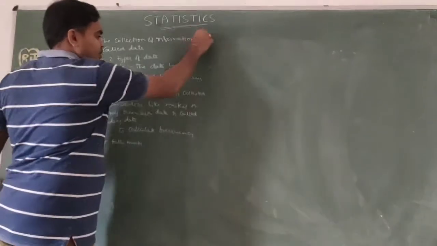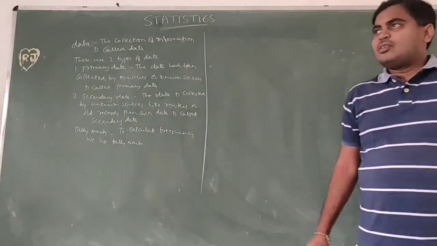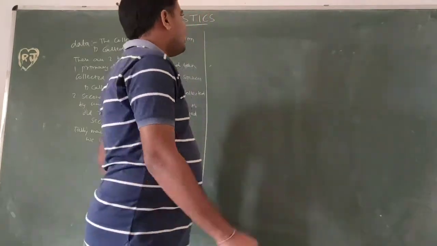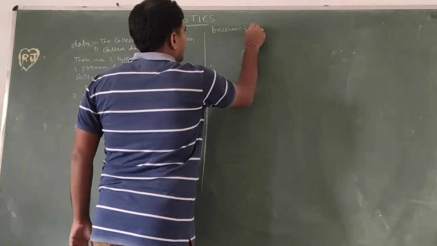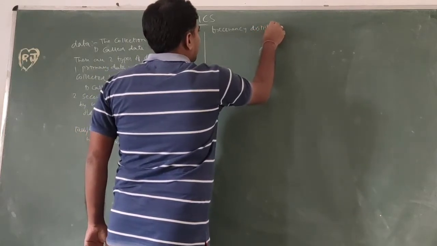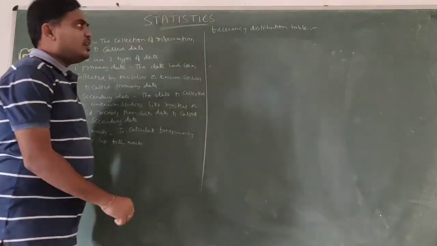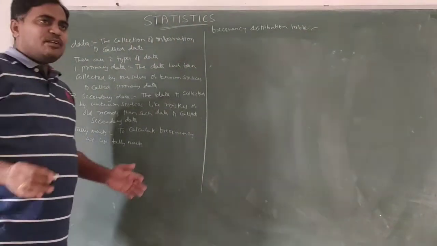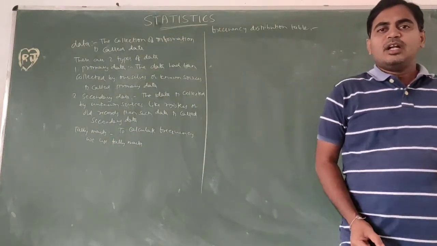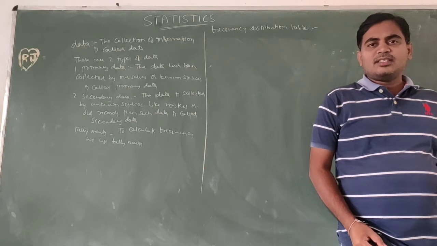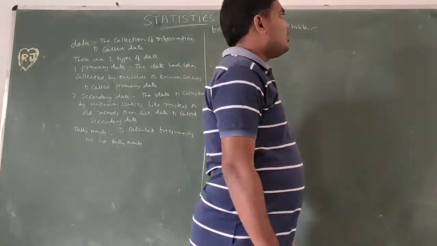Next, after this, the frequency distribution table. If the information or data is distributed to the observations with their corresponding frequencies, such a table is called a frequency distribution table.